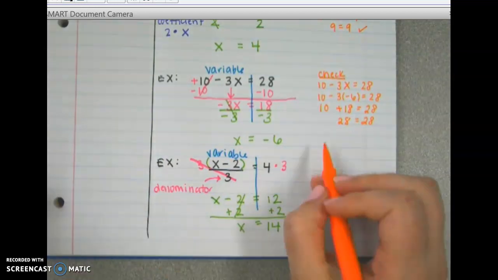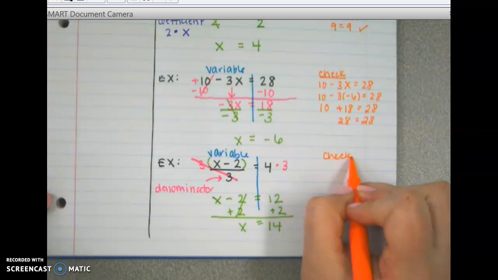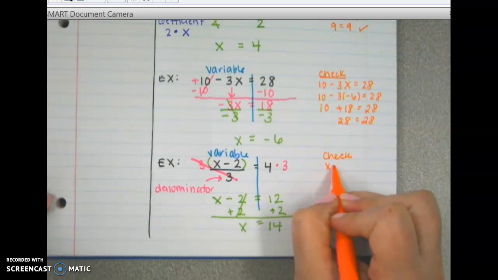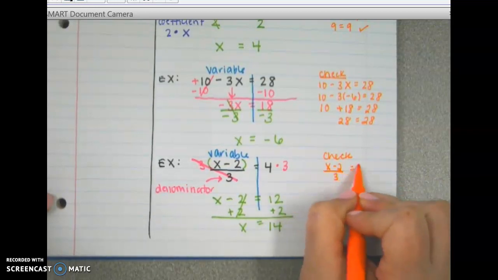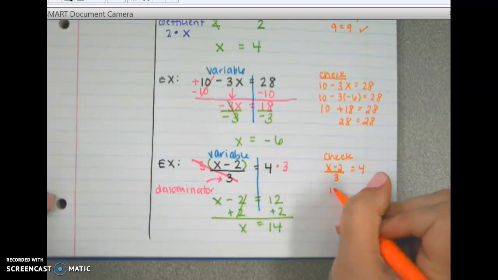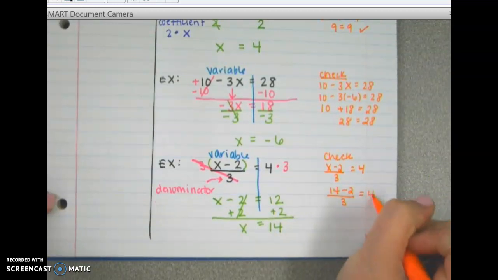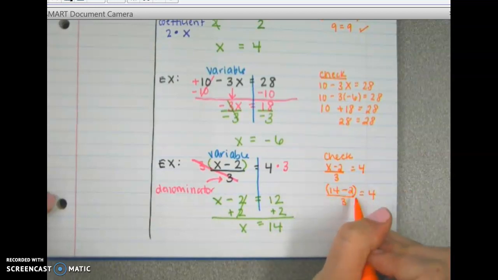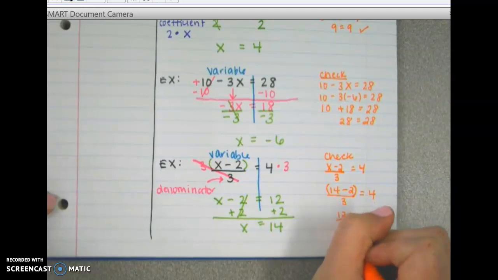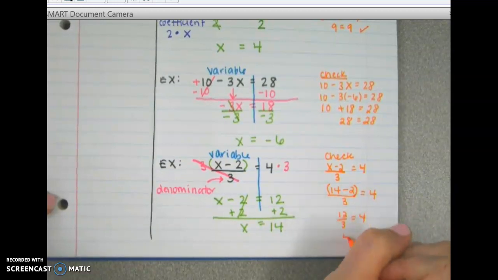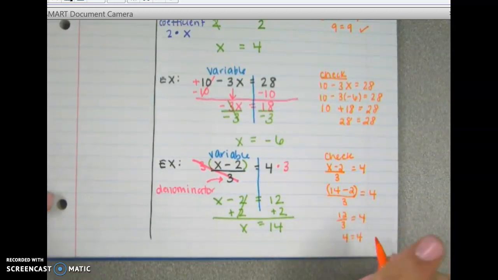I'm going to check. If I replace the x with 14, 14 minus 2 is 12, and 12 divided by 3 is 4.